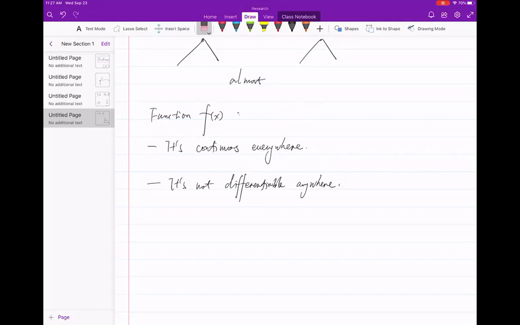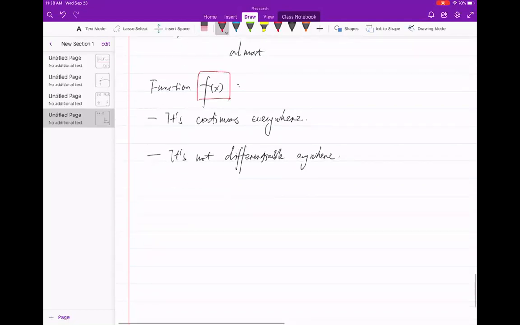The question becomes, do you believe such a function exists? Of course, in mathematics, you don't say you believe. You say, here's the formula of that function. Please take a look. Okay. What do you think? Yes? Possible? Or no?